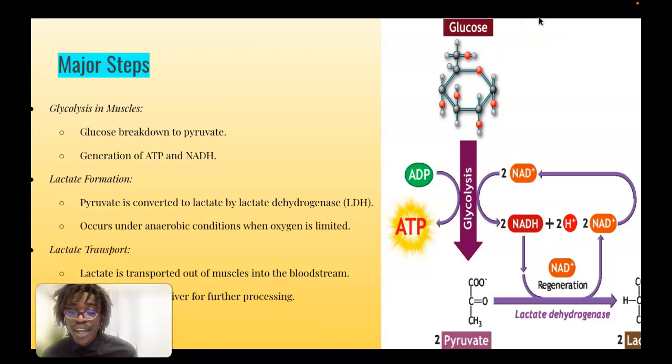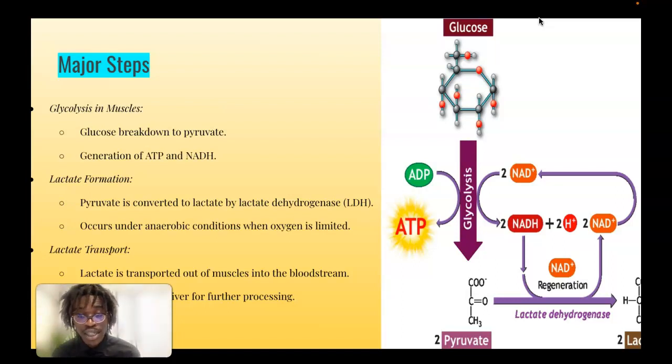First, we have glycolysis. In order to make ATP, generate energy for our body, we break down sugar. We break it down through glycolysis into pyruvate.